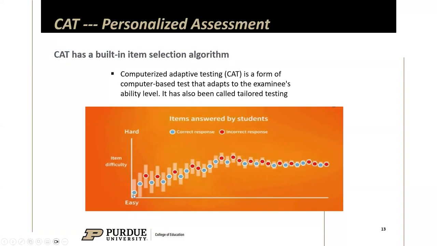First item to the student: if the student answers correctly, the next item should be more difficult, increasing the difficulty level. If the student answers the second item correctly, the next item should be more difficult again. But the student failed the third item, so we have to decrease the difficulty level.